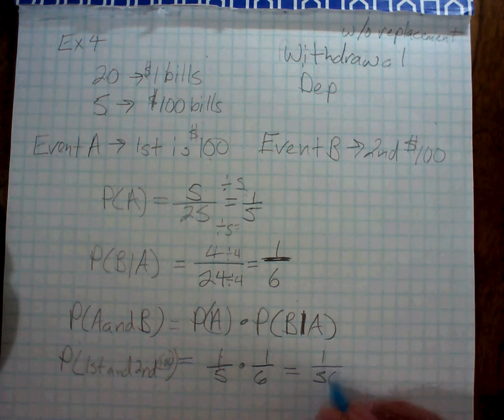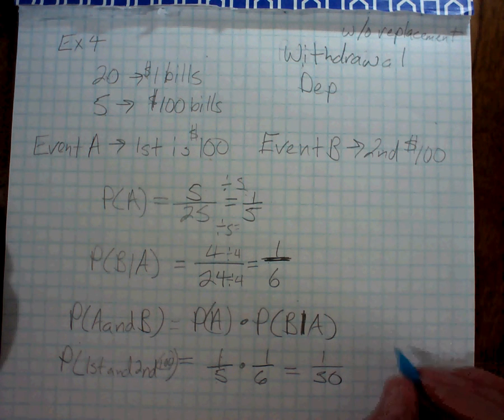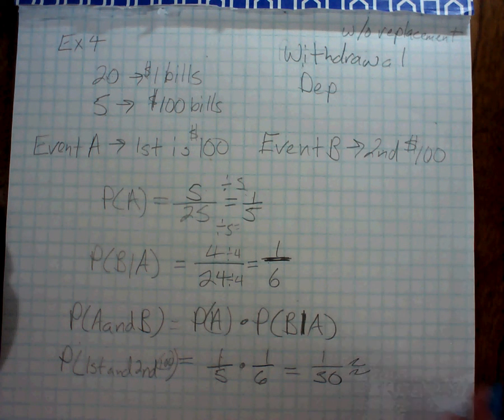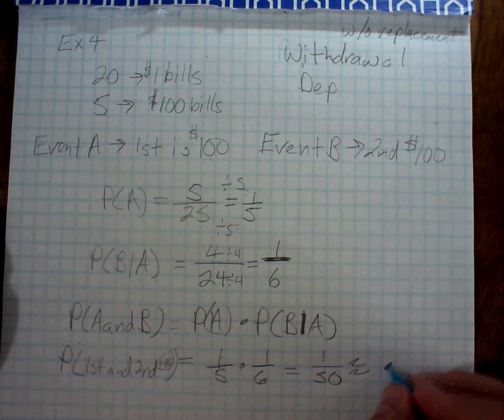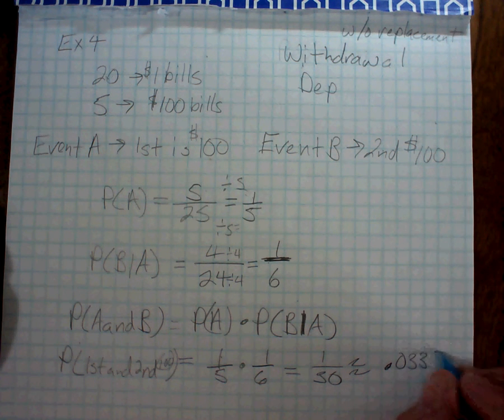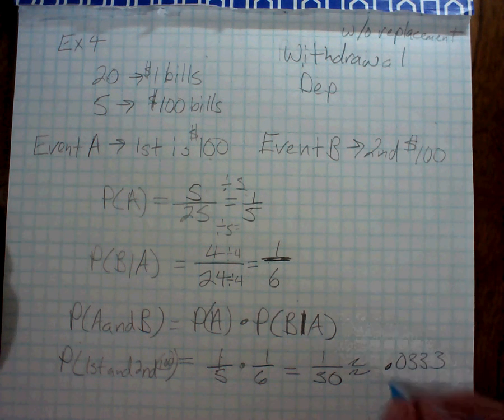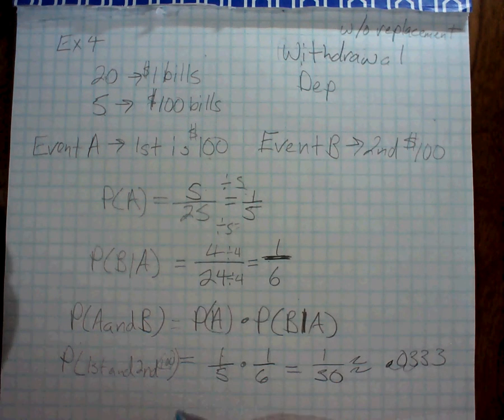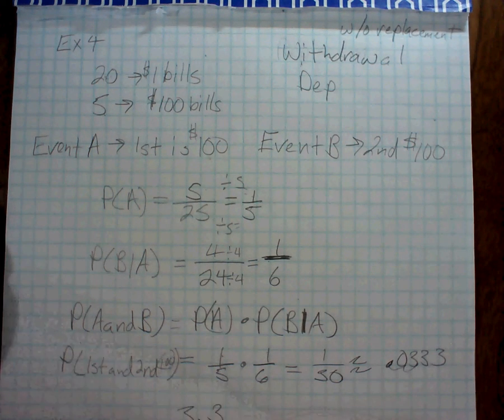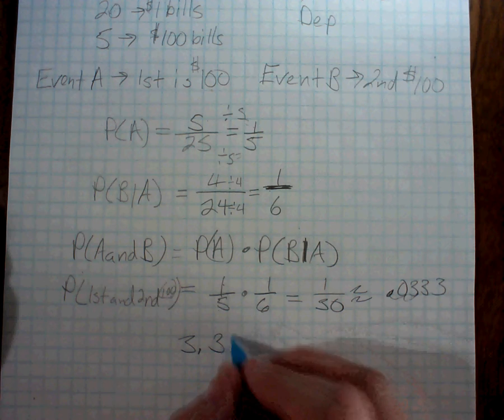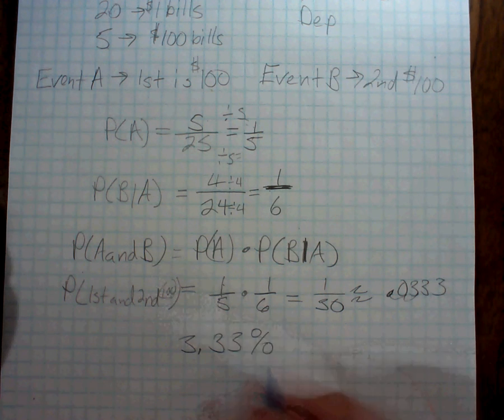So it's 1 out of 30, which is approximately 0.0333. Now if I move the decimal over, you have a 3.33% chance of that occurring.